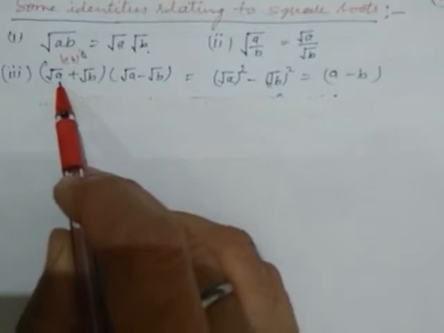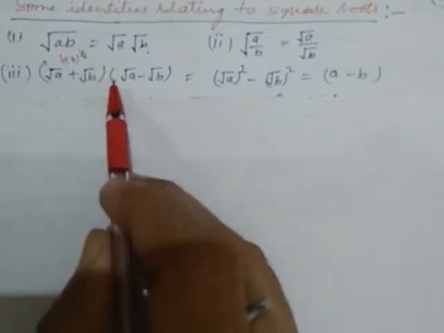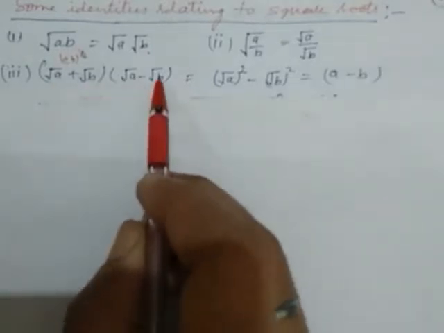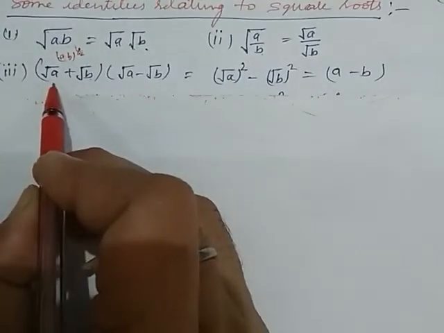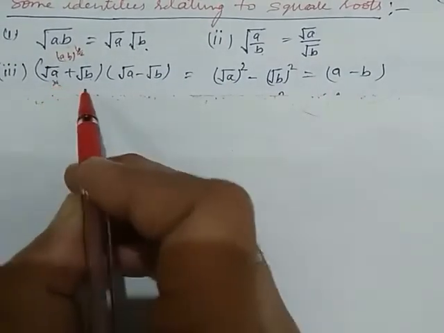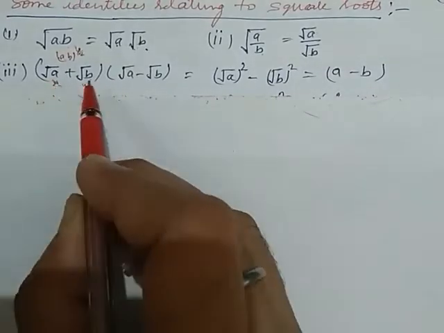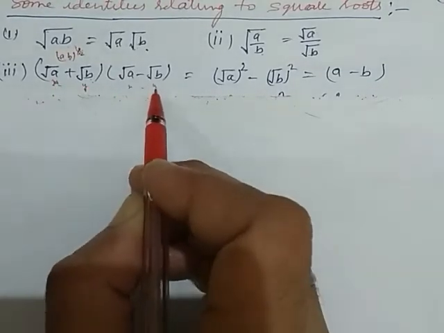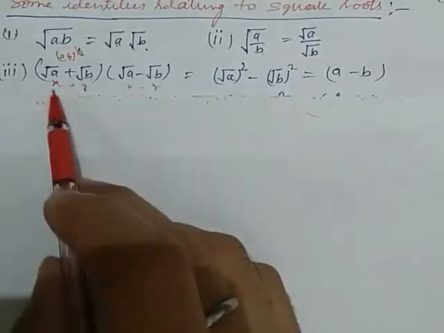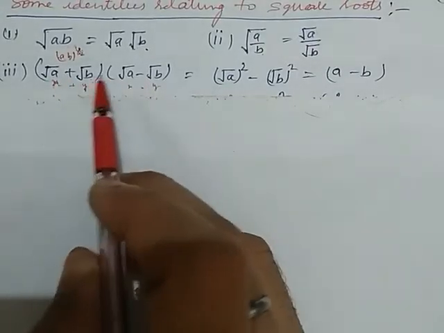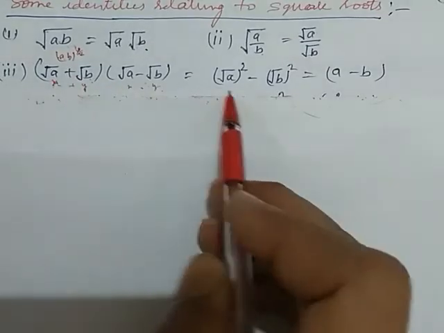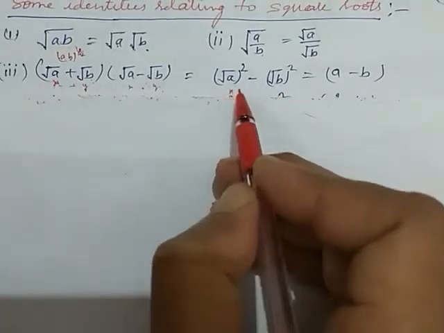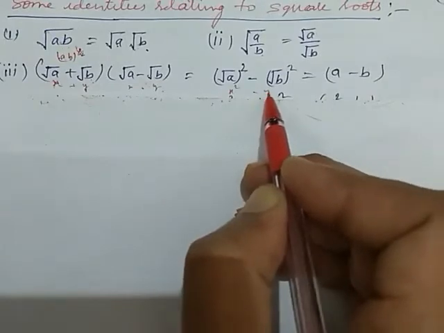Now if we have (root A plus root B) into (root A minus root B), we can write this as, look, this is X and this is Y. So this is X plus Y and this is X minus Y. By taking the help of the identity, (X plus Y) into (X minus Y) is X square minus Y square.